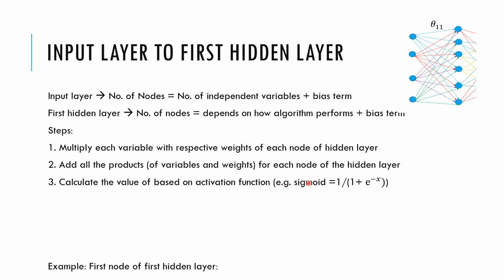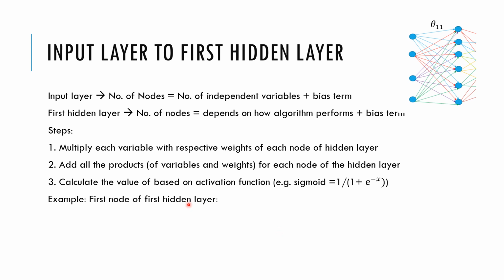For example, the sigmoid function is one activation function. Let's look at the first node of the first hidden layer. This is the linear equation, L11, which is theta 11 into x1, where the inputs are x1, x2, x3, x4.